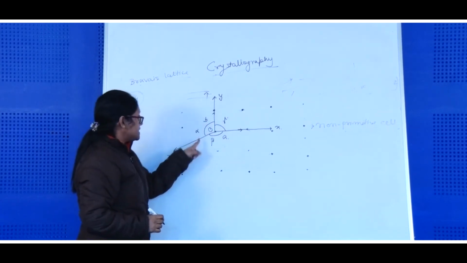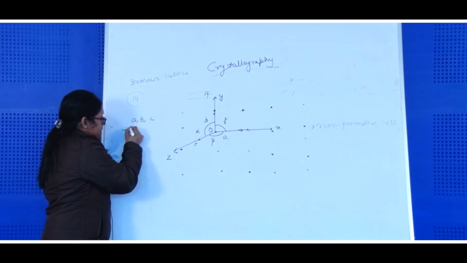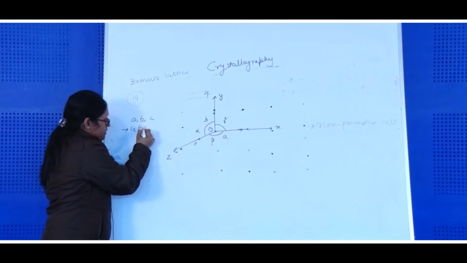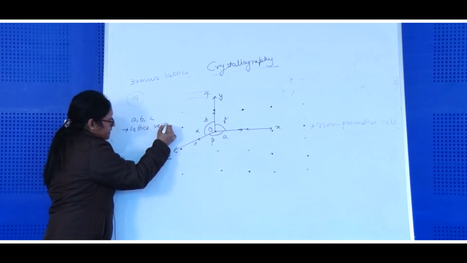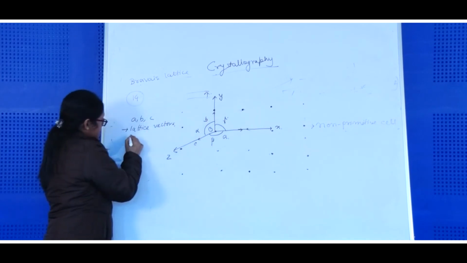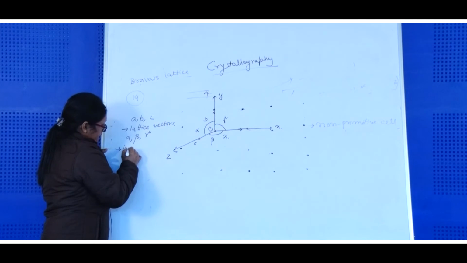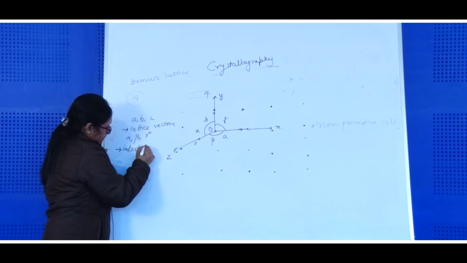These a, b, c are called lattice vectors. These alpha, beta, gamma are called interfacial angles.